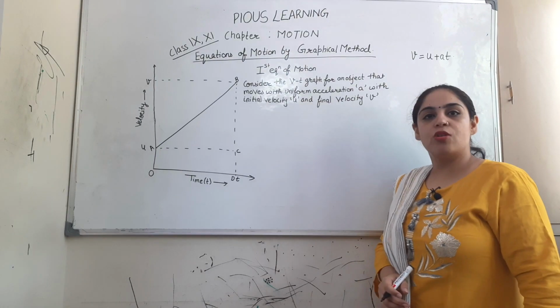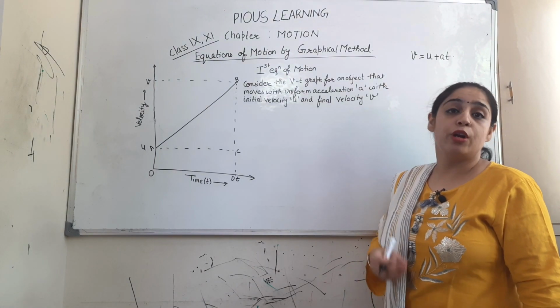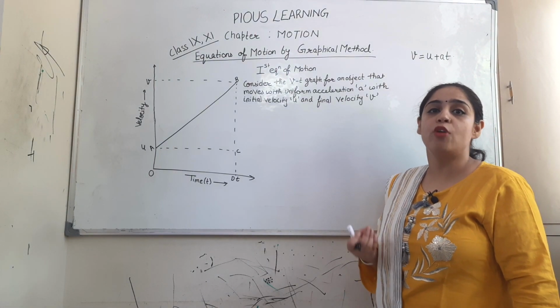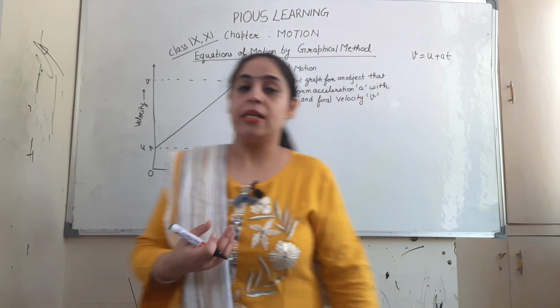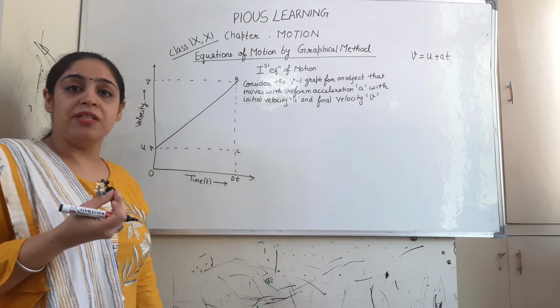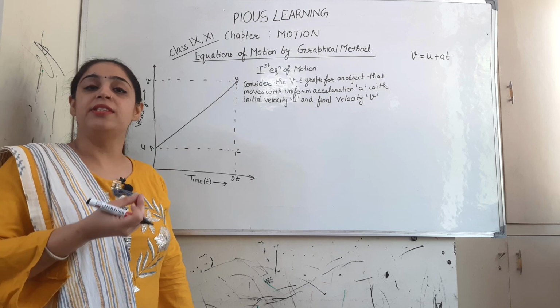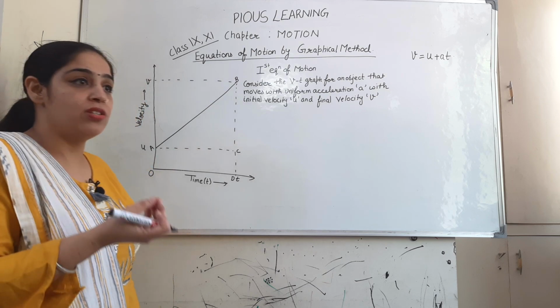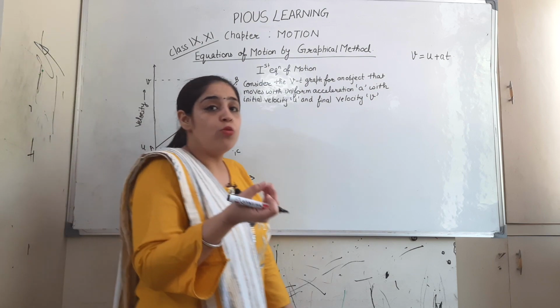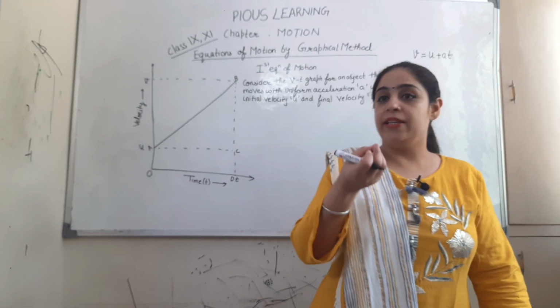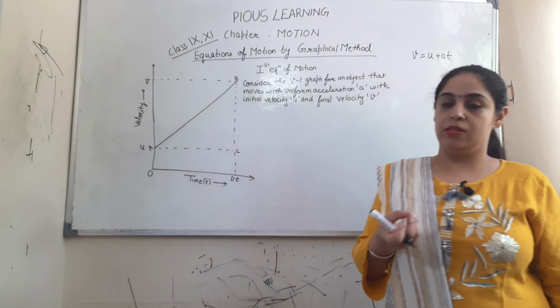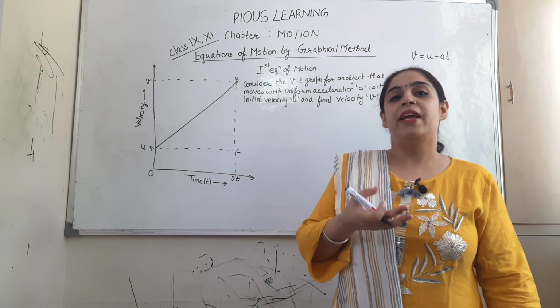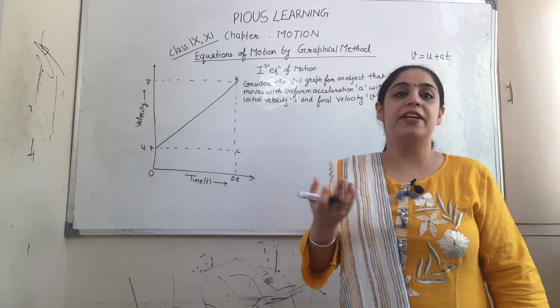The graph we draw is a velocity-time graph for a body having uniform acceleration. Uniform acceleration means the velocity of an object is changing at equal intervals of time. Let's imagine that the acceleration is 2 meter per second square and the initial velocity of the particle is 5 meter per second, then every second the velocity will increase by 2.